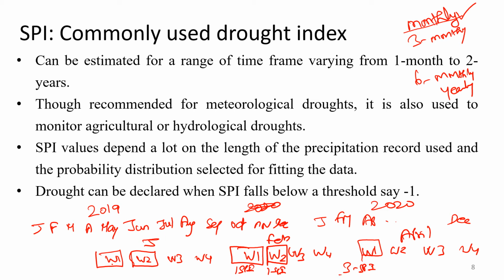I will publish a 3-month SPI calculated in the first week of April. Similarly, if I use week 2 of January data and week 2 of April data and calculate a 3-month SPI, it is published during week 2 of April, like this.